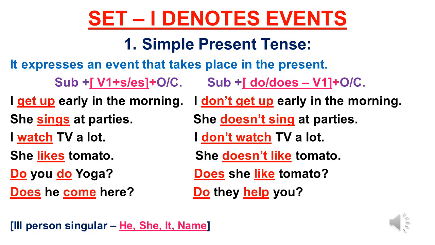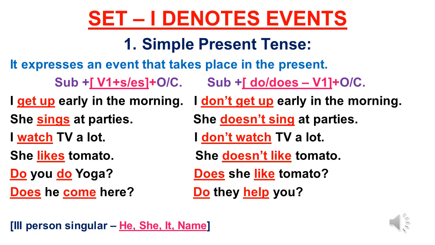He, she, it, or names are said to be the third person singulars. When we make negative or interrogative sentences in simple present tense, we can use do or does as helping verbs. Does can be used with the third person singular.